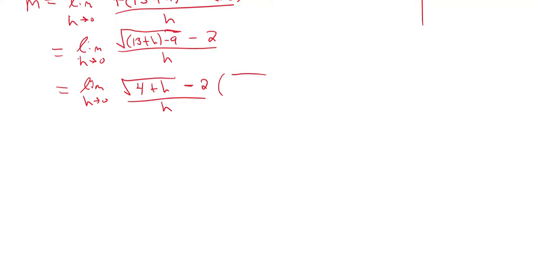So what I mean by that is this would be the square root of 4 plus h. Maybe I'll make that a little smaller. And then instead of minus 2, it's going to be plus 2. And then same thing in the denominator, square root of 4 plus h plus 2.